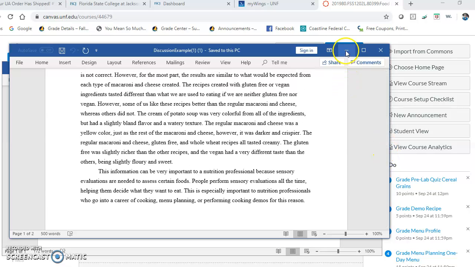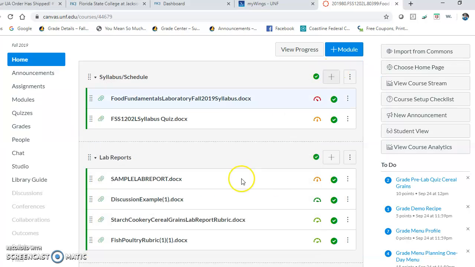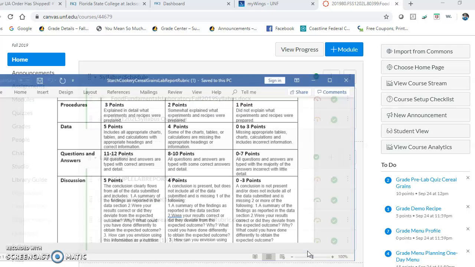Now, I want to show you how it is you receive 30 points for this lab report. So I want to show you how it is broken down. If you click on the Starch Cookery Cereal Grains Lab Report rubric, you will see how it is broken down.